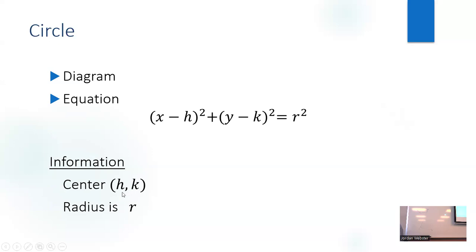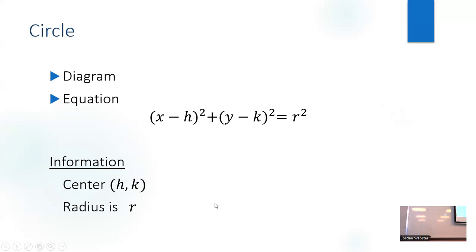The (h, k) is the center of the circle. Hopefully this reminds you, if you dealt with pre-calc here, that's a shift. And then we have radius r.